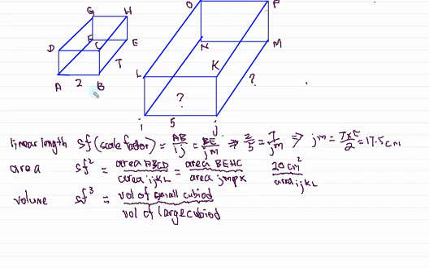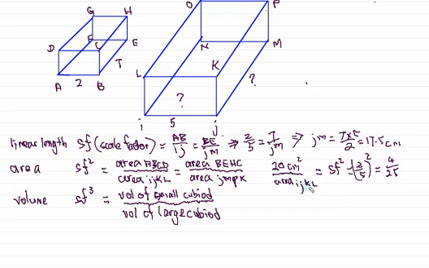Earlier, when you were given 2 and 5, you already found the scale factor, which is 2/5. Even though I am not given this length here, in order to compare the area, if I use a scale factor, I can find this area. So the ratio is equal to scale factor squared. The scale factor is 2/5, so it's 2/5 squared, which gives you 4/25.